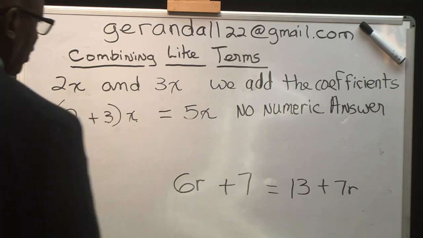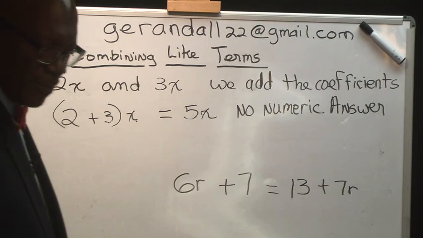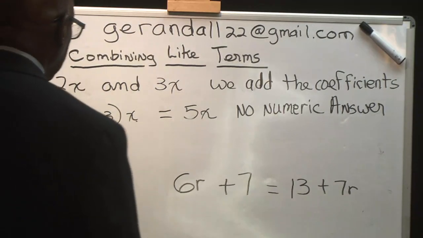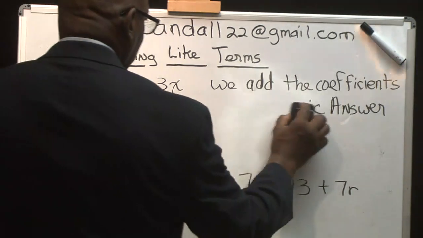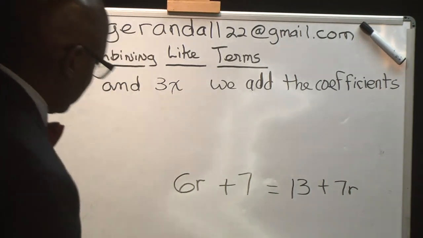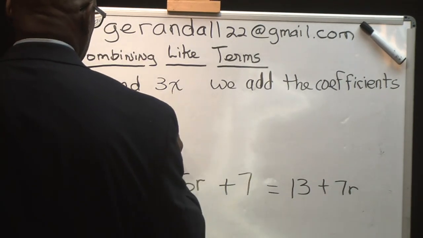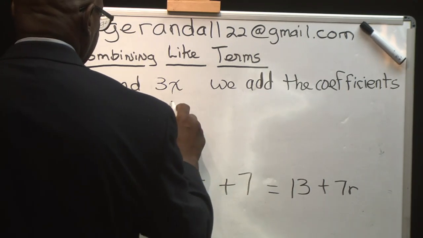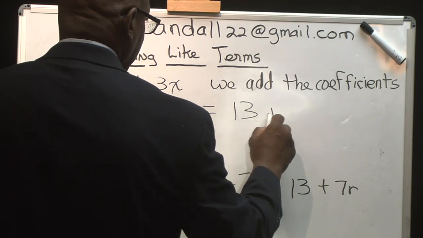As you can see, we've got variables on both sides of this equation. Now, we're going to rewrite this since we no longer need any of this. And now we're going to have what's called a numeric answer. So let's rewrite that: 6r plus 7 equals 13 plus 7r.